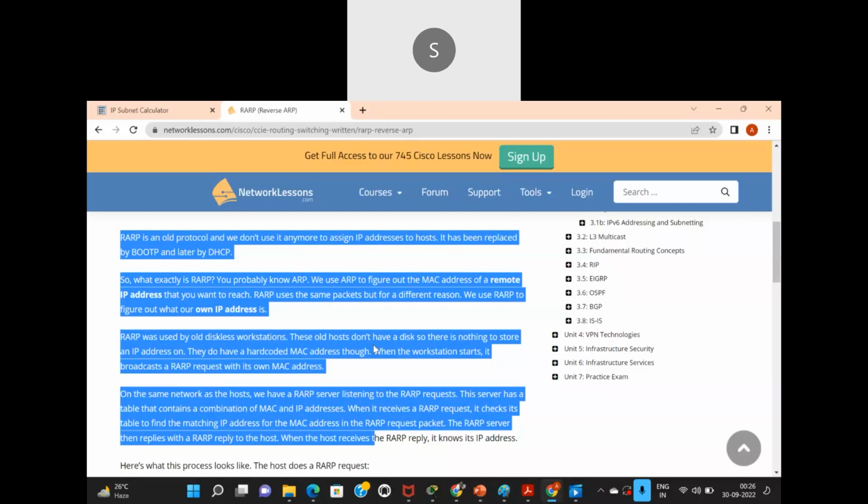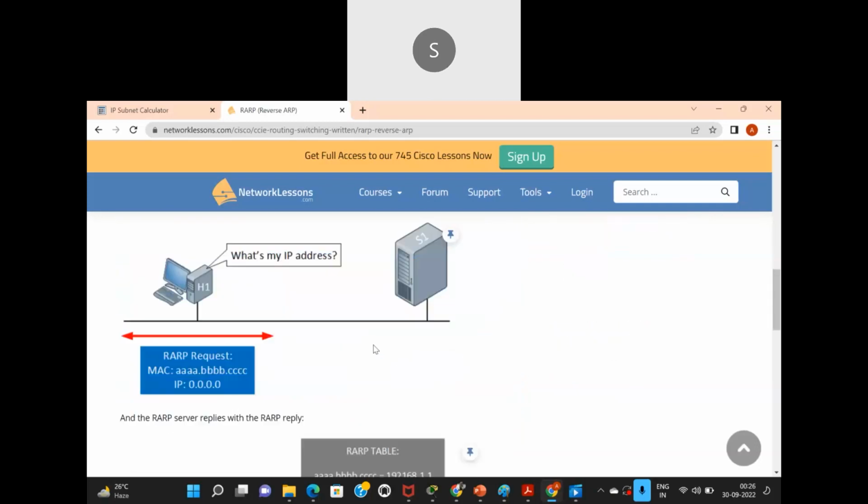When it receives a RARP request, it checks its table to find the matching IP address for the MAC address in the RARP request packet. The RARP server then replies with a RARP reply to the host. When the host receives the RARP reply, it knows its IP address.